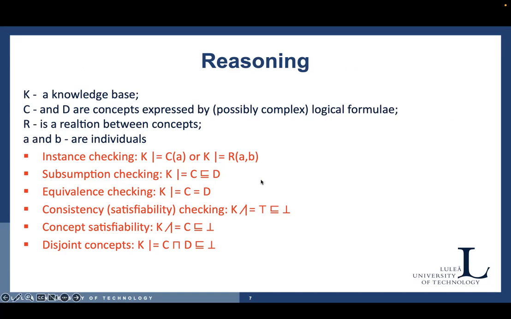When you work with Protégé, for example, and you construct an ontology, sometimes it starts to complain. It constantly checks the consistency, for example when some properties are contradictory, or properties for individuals are contradictory.